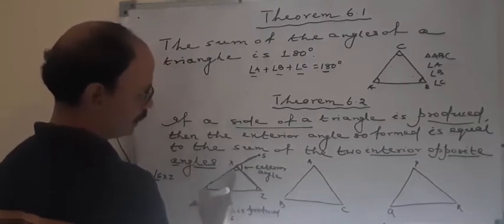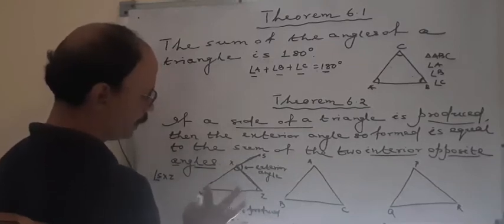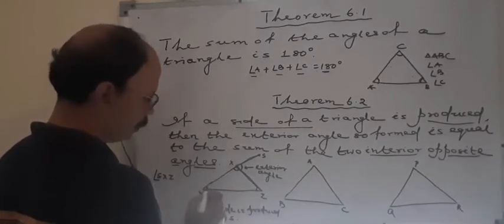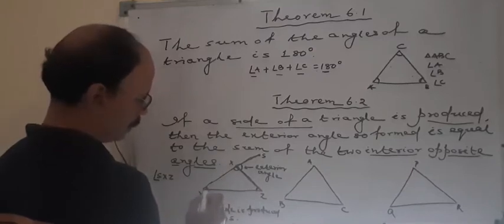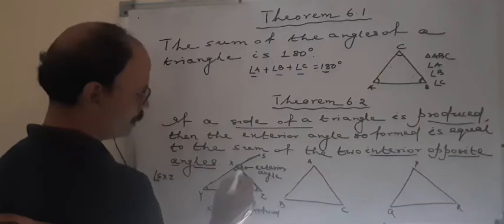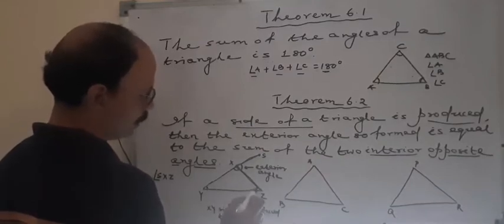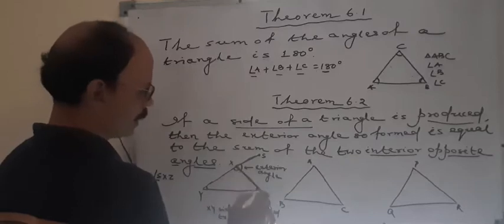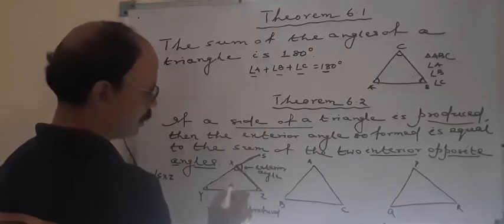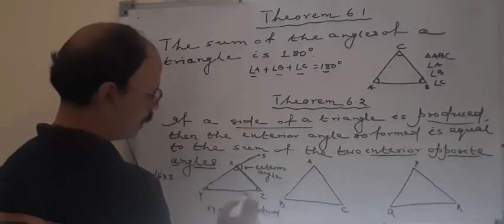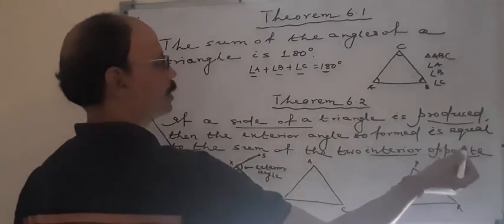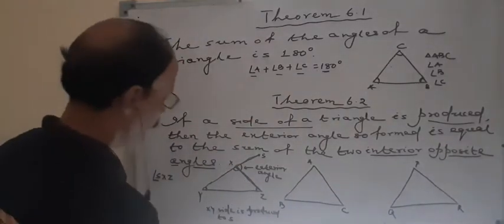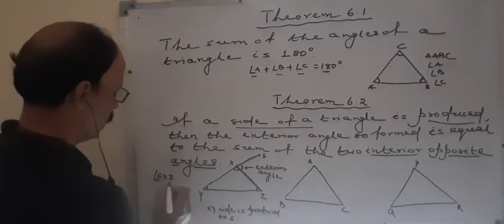X. तो ये नहीं है. इसके ऑपोजिट में जो दो इंटीरियर एंगल्स है कौन से, Y and Z. So this exterior angle will be equal to the sum of the opposite, these two are opposite of this, Y and Z. So this angle SXZ, exterior angle, will be equal to the sum of angle Y and angle Z, where angle Y and angle Z are what? Interior and opposite angles.